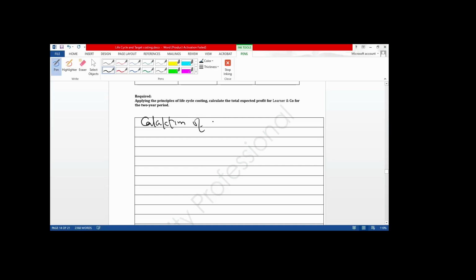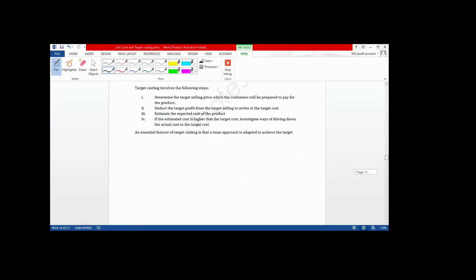Calculation of total life cycle cost, Learner and Co. We are going to have pre-production cost. We have our Naira sign here. Let's go back to the question.